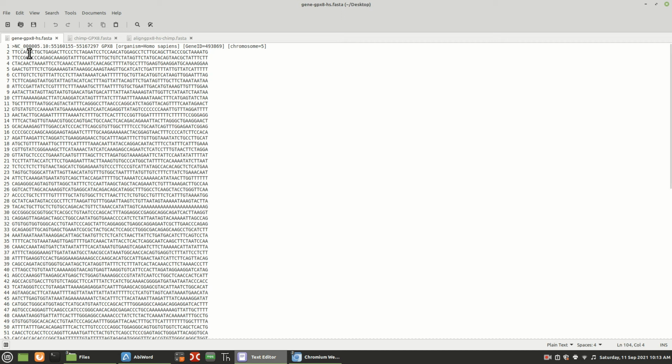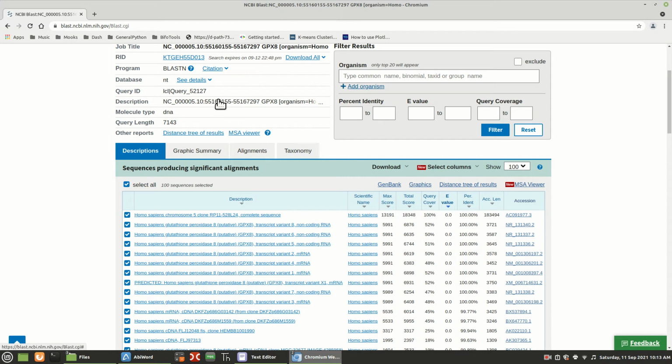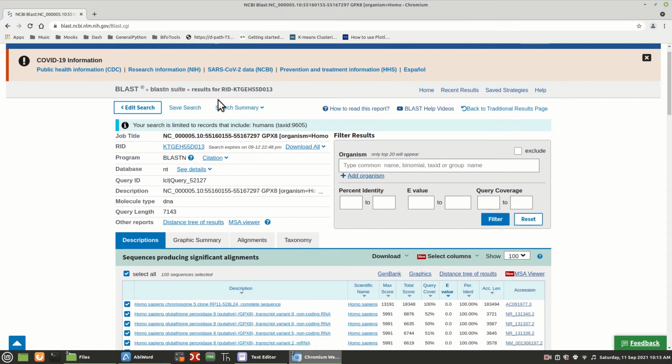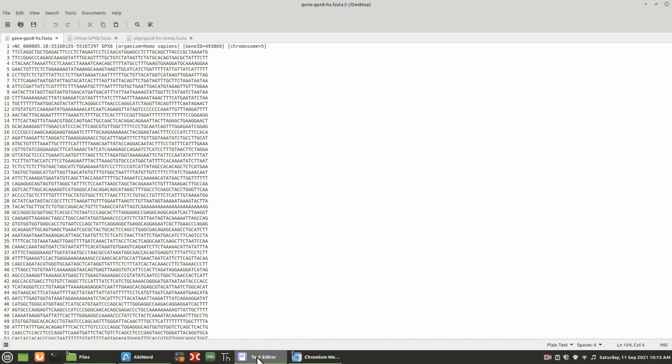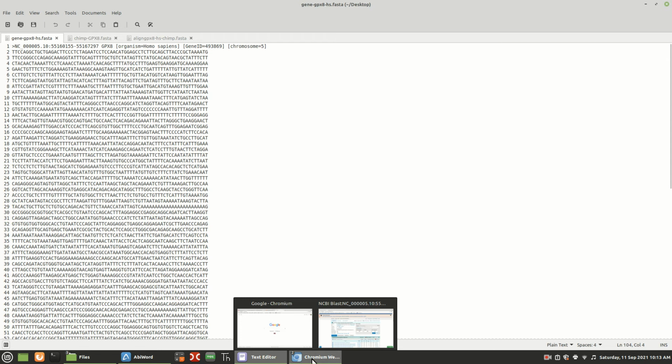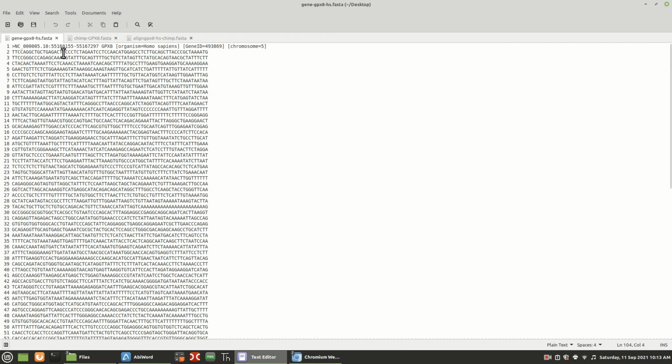Alright, now what I've done here is I've taken this sequence, this GPX8 Homo sapiens, and I put it into BLAST and I searched against only human. In other words, this is a human sequence, and I uploaded the file into BLAST like we did in the previous assignment, but I chose human, the same organism that the sequence comes from.